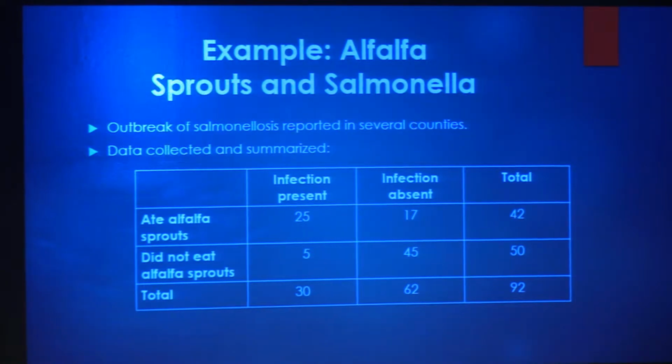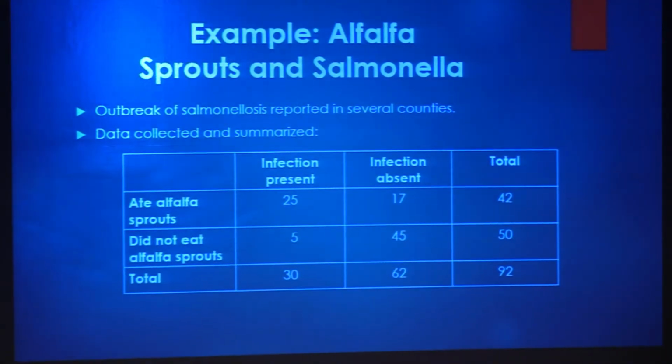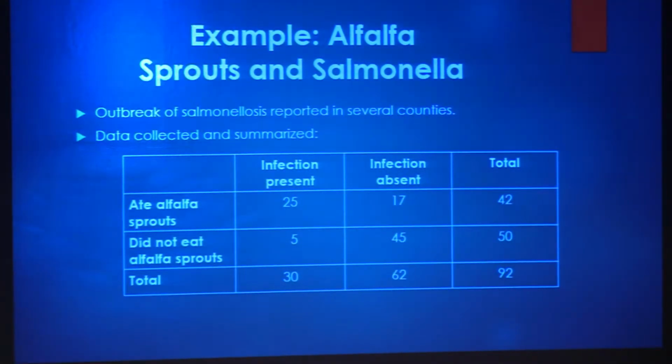So here's an example. This is very typical. By the way, there is a case of alfalfa food poisoning almost every year. You just don't hear about it because it's not a major epidemic or anything like that. But this is kind of interesting.